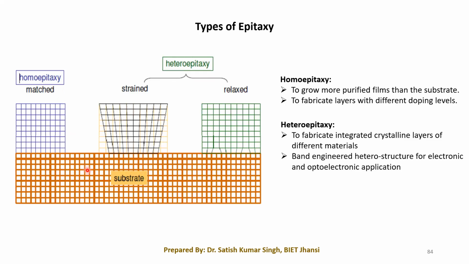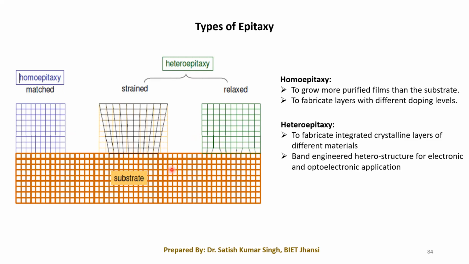Whenever we are growing a particular layer onto a substrate which is not the same as the substrate, if the layer is different from the substrate, then obviously it may or may not match. It will not have the same lattice constant.